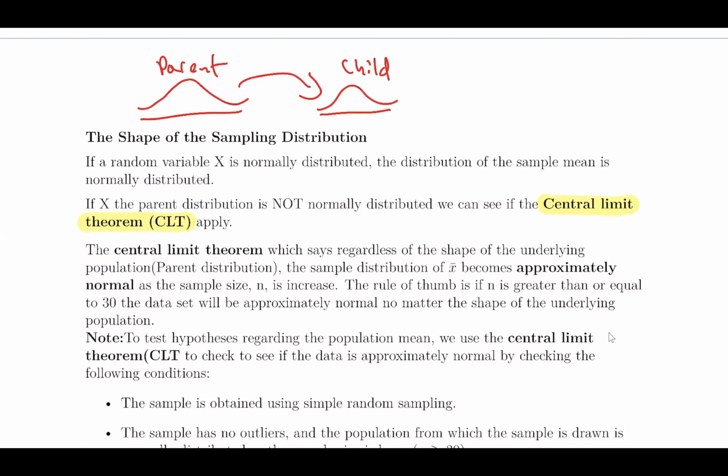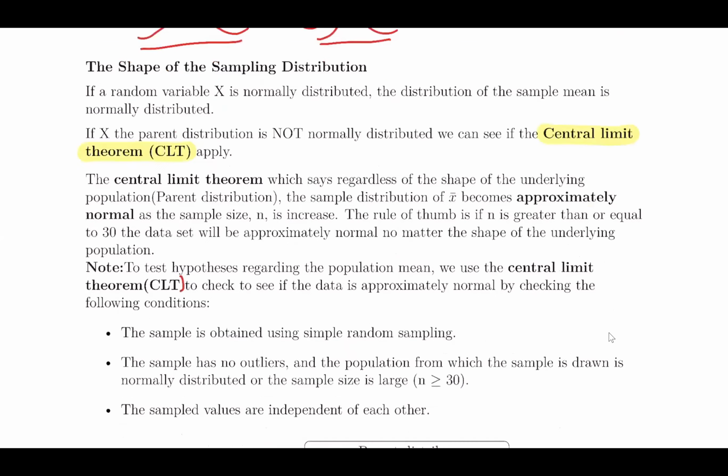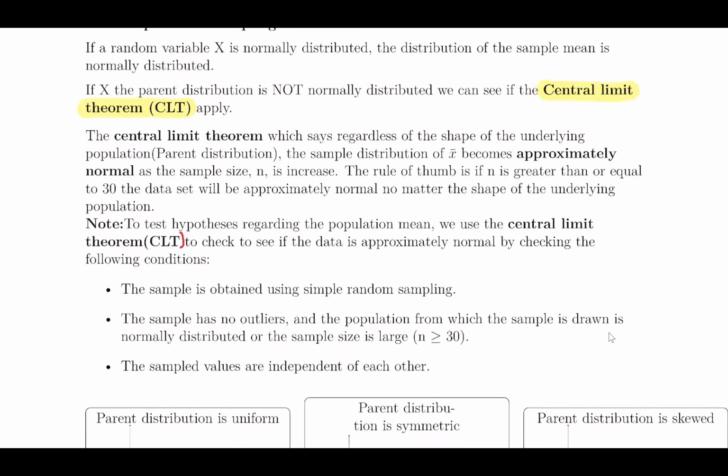And we want to see, based off of the central limit theorem, can I say our data set is approximately normal? So for this one, the rule of thumb to check to see if our data set could be approximately normal, all you have to do is check for this. So n has to be greater than or equal to 30.